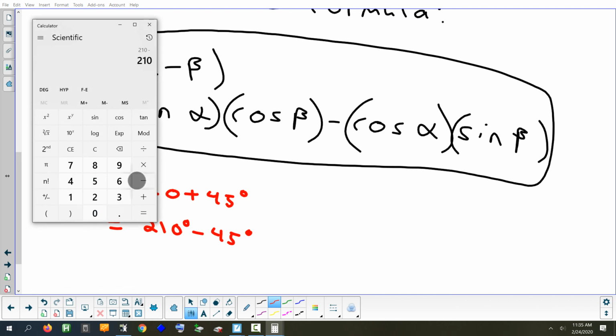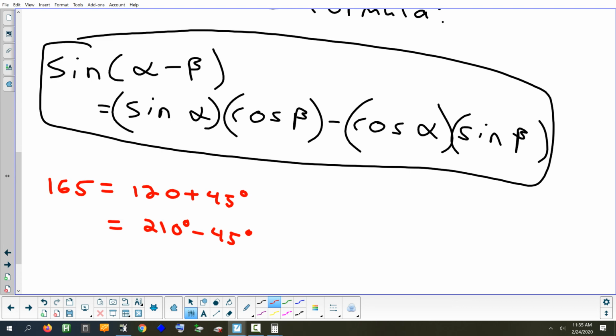So 210 minus 45, perfect. That's not the one I was thinking of. I was thinking of 225 minus 60. 225 is a multiple of 45 and 60 is a multiple of 30. So if you've got to work with the number 165, those are all different ways you could break it up. Just takes practice, I guess, to get good at breaking it up.